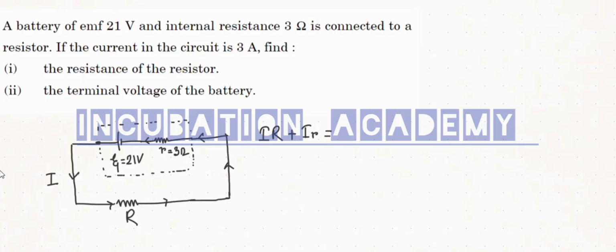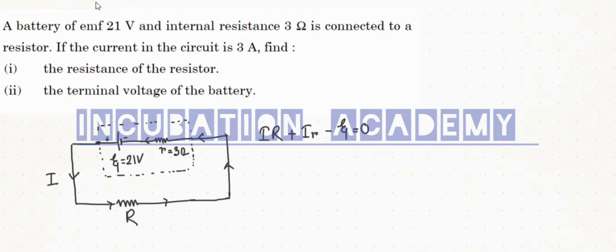Either way I write minus E, because if I rotate in the anti-clockwise sense, the negative terminal of this EMF cell hits first. So minus E equal to 0.